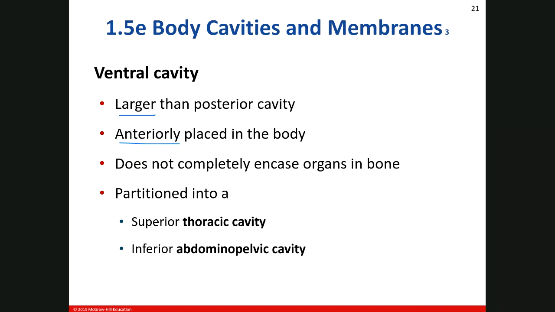Of course, we subdivide this into two cavities. You've got your thoracic cavity, that's your chest, where your ribs and your sternum are, and then you've got your abdominal pelvic cavity. I don't have room to write all this out, but there are subdivisions to the thoracic cavity and to the abdominal pelvic cavity, which we'll see in a second.